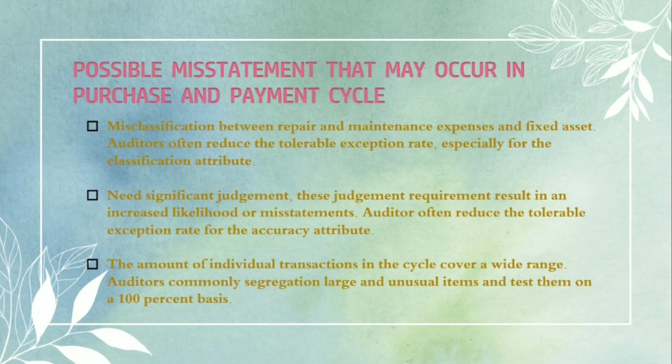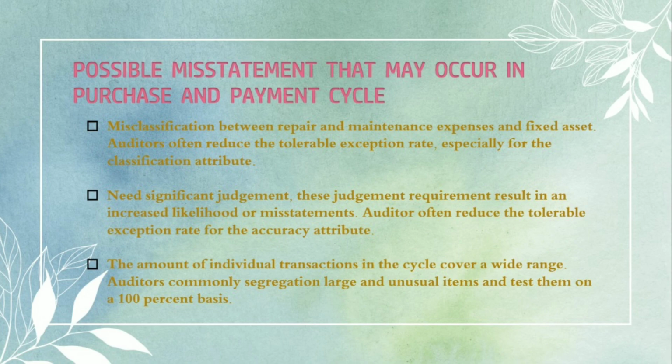Okay, the possible misstatements that may occur in the purchase and payment cycle include misclassification of repair and maintenance expenses and fixed assets. So the auditor often reduces the tolerable exception rate, especially for the classification attribute, since it needs significant judgment, and this judgment increases the likelihood of misstatement. The auditor will also often reduce the tolerable exception rate for the accuracy attribute and the amount of the individual transaction.